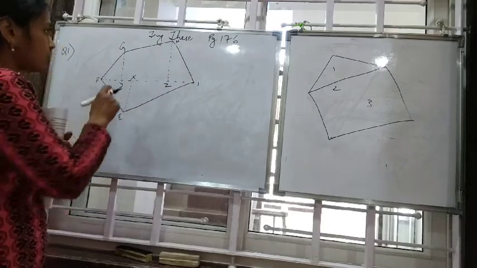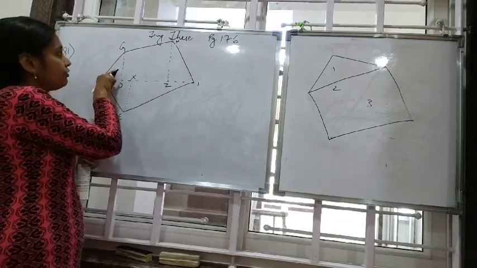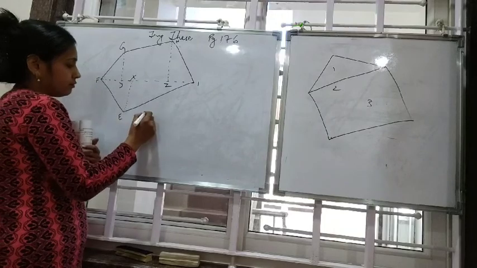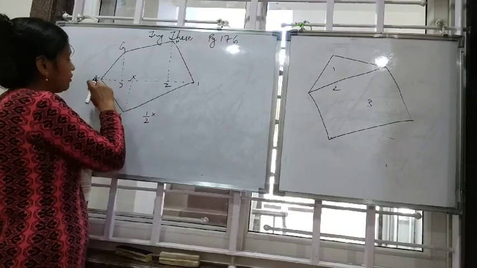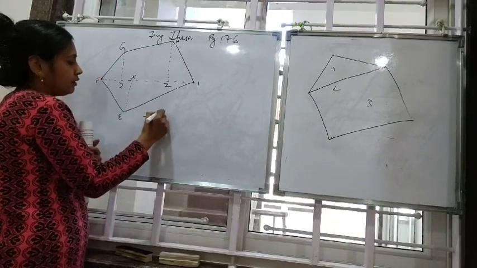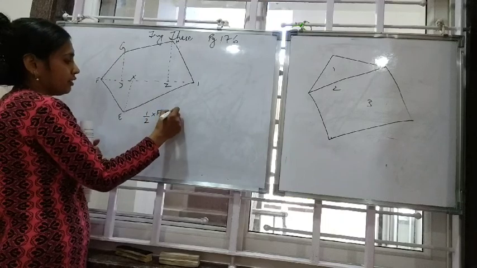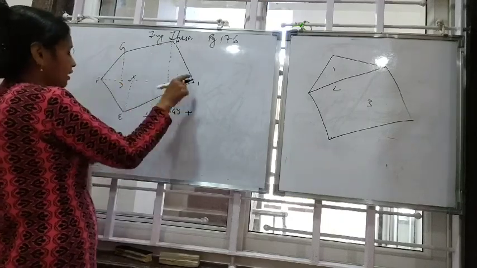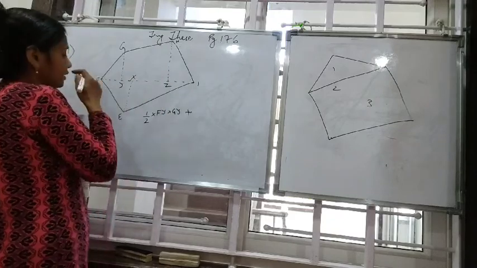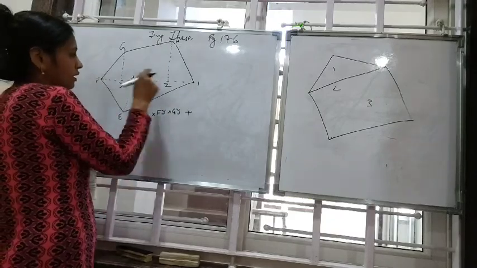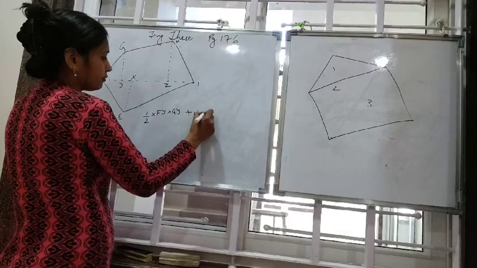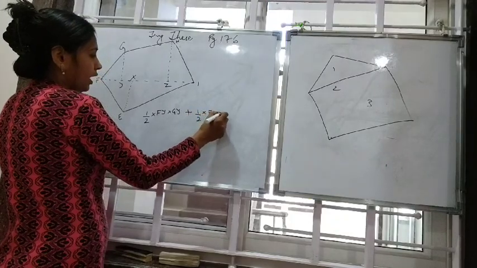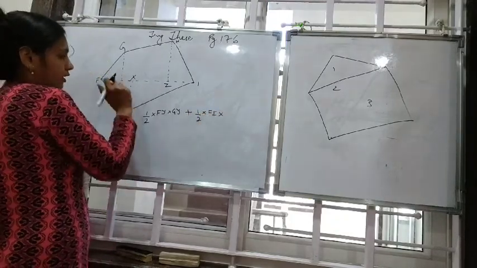So half base into height for this triangle. What is the base? FY. What is the height? GY. Plus, for this triangle, half base into height. So what is the base? FI. And what is the height? EX.